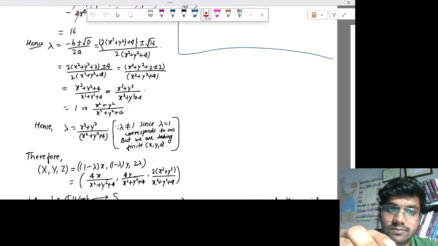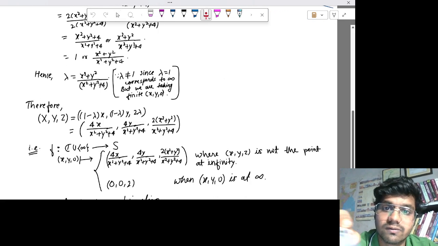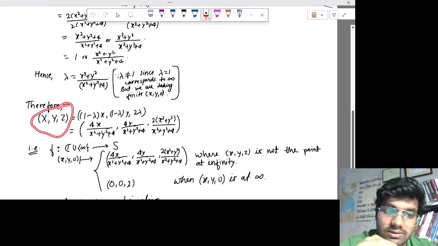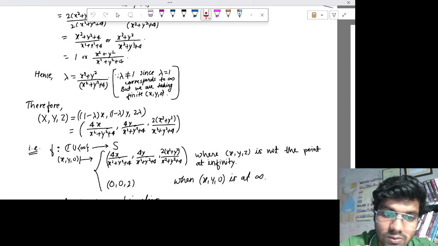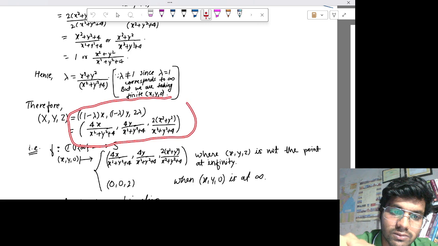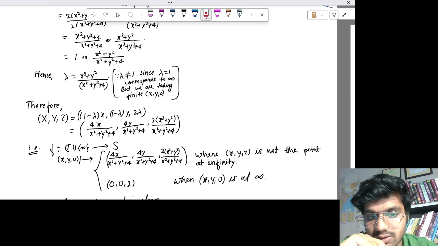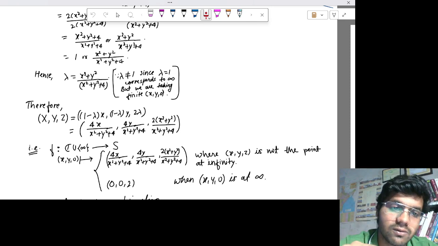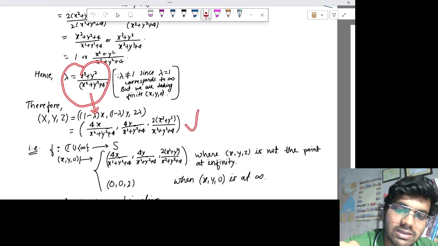Now we get the value of capital X, Y, Z, the point on the surface of the sphere corresponding to the point x, y, 0. Substituting the value of lambda, we get this expression.